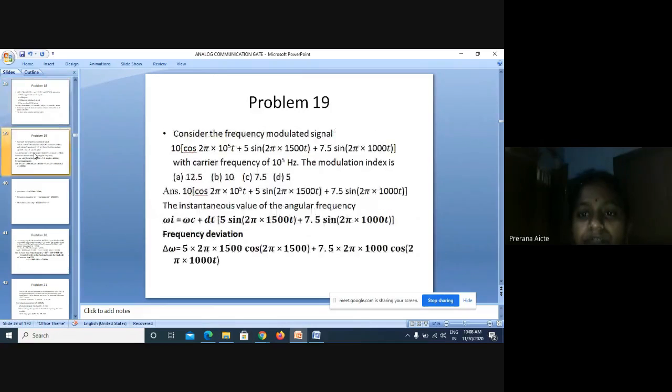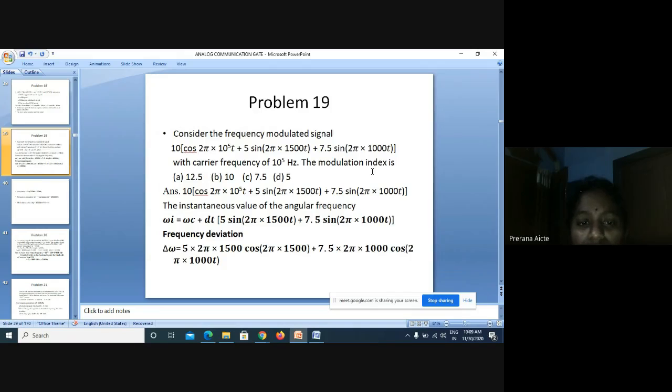Now we will go with another example. Consider the frequency modulated signal 10 cos of (2π × 10^5 t plus 5 sin of 2π × 1500t plus 7.5 sin of 2π × 1000t), with a carrier frequency of 10^5 hertz.